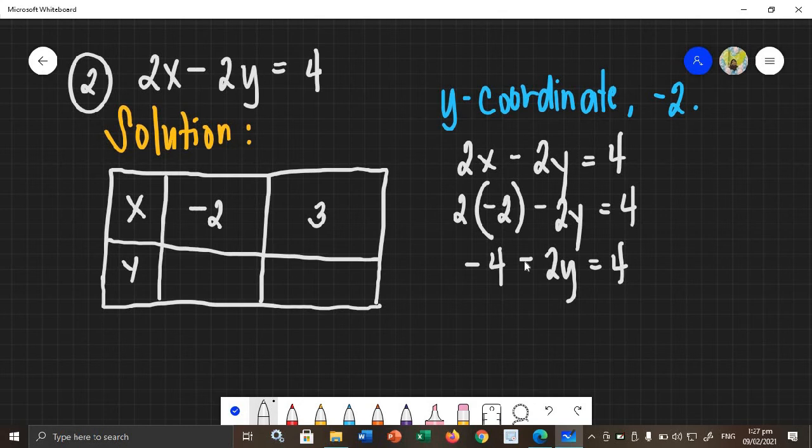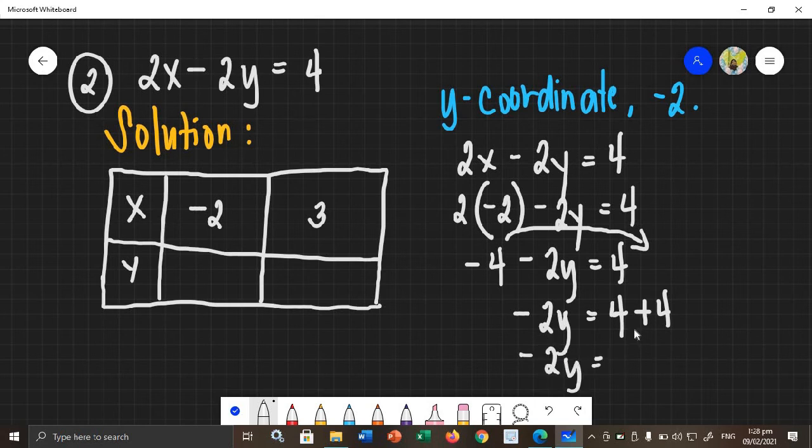Kailangan ma-isolate ng variable na y, so we need to transpose negative 4 on the right side of the equation. So it will become negative 2y equals 4. Negative 4 will become positive 4. So we have 4 plus 4. And then negative 2y is equal to, solve natin to, 4 plus 4 is equal to 8.